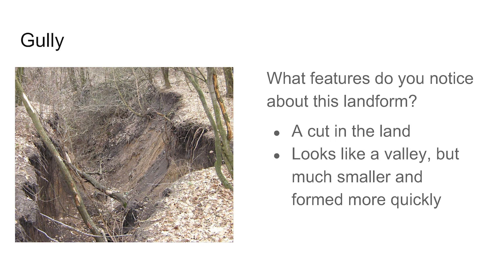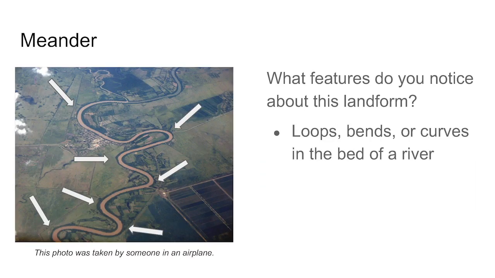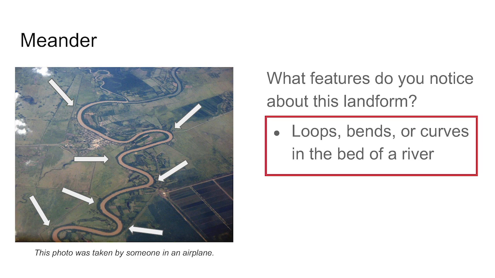This particular one is a gully, and you can see that we've got lots of trees around here, and we see that it's not as steep as a gorge, but it still has that idea of looking like a valley, but much smaller, and it's cut into the land. And then here we have a meandering river. So this brown color that you see here, this is the river, and we can see that it is bending and meandering, and it has these loose curves.